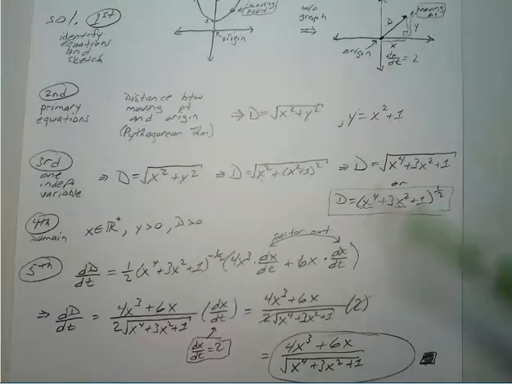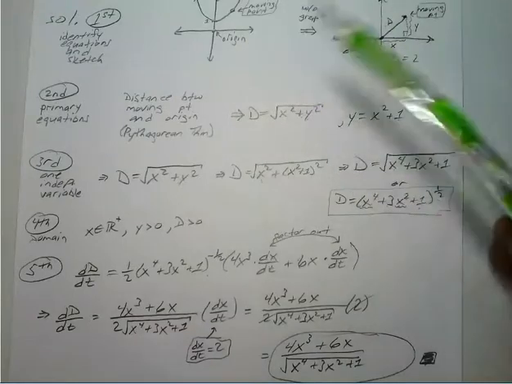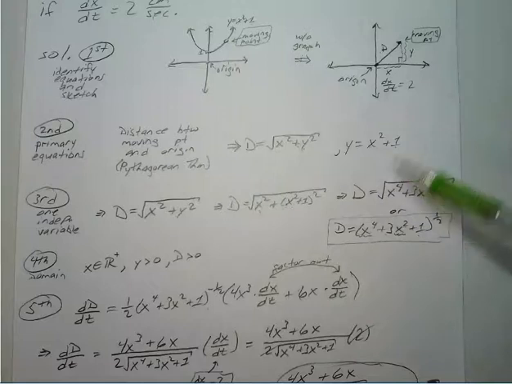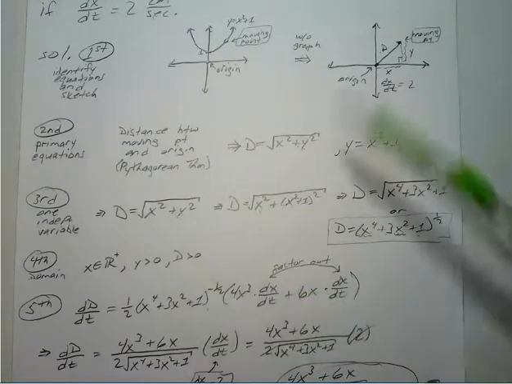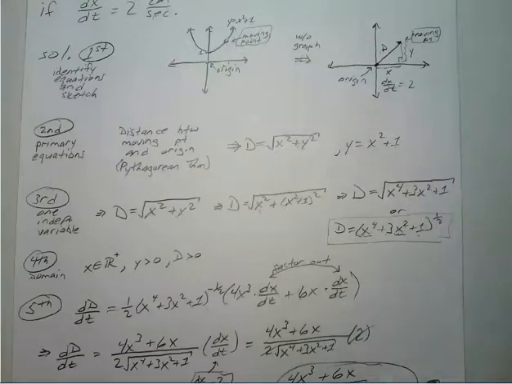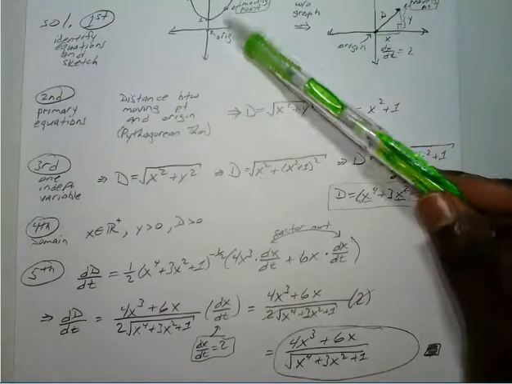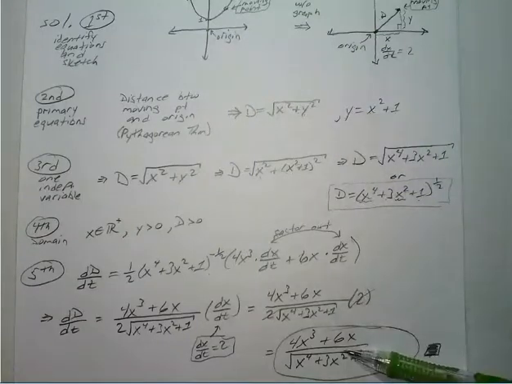All right, so this way you could just pick any x value and plug it in to get your y value, and you can go from there. So once you plug in, well, you don't have to do it here because you got rid of the x value in your final answer. But once you pick an x value, you can just plug it in there and find out the rate of change of the distance.